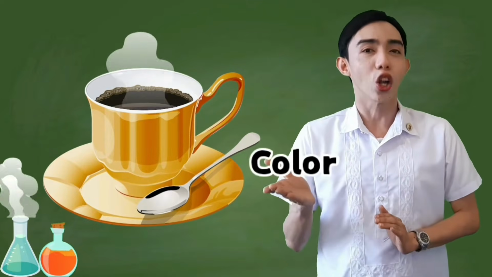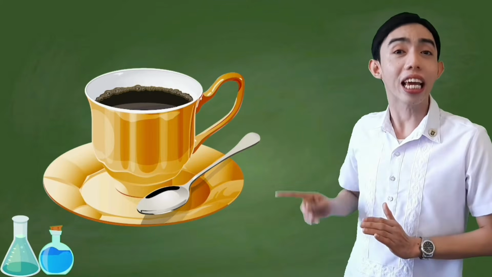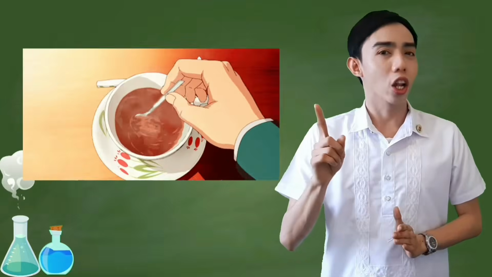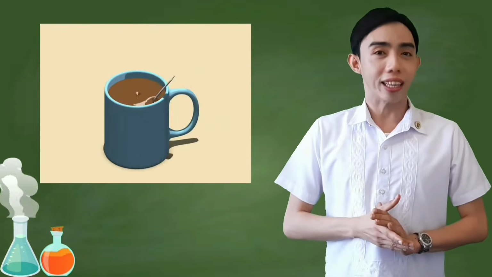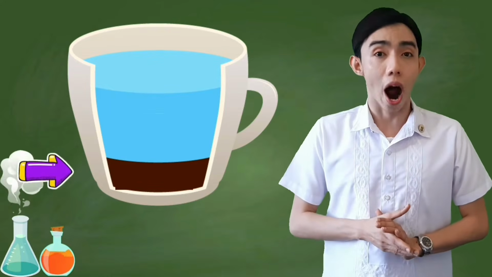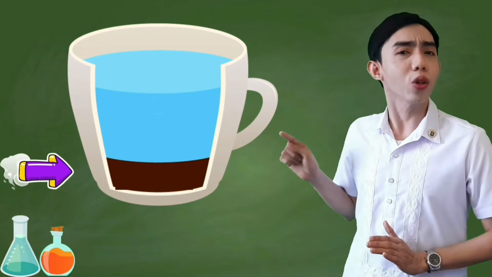Like for instance, your favorite drink during breakfast. Its color and taste are the same everywhere in the cup, unless you did not stir it well or it became saturated because of too much sugar added, causing the bottom part of the solution to taste sweeter than the rest.